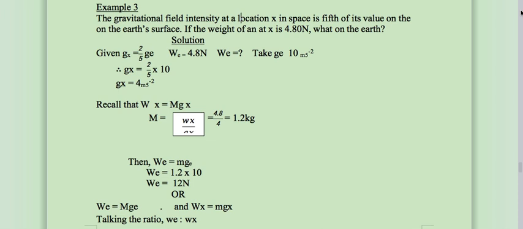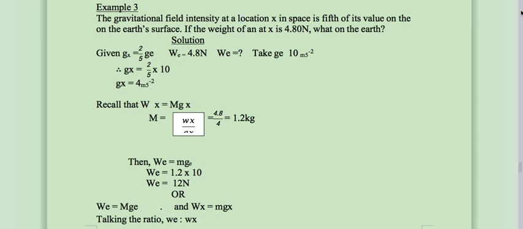To differentiate, we use subscript X for the location X and subscript E for the Earth's surface. But what is the value on the Earth's surface? We know it's constant. It is what? 10 newton per kilogram.